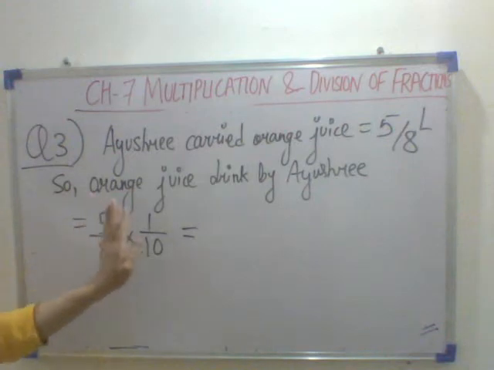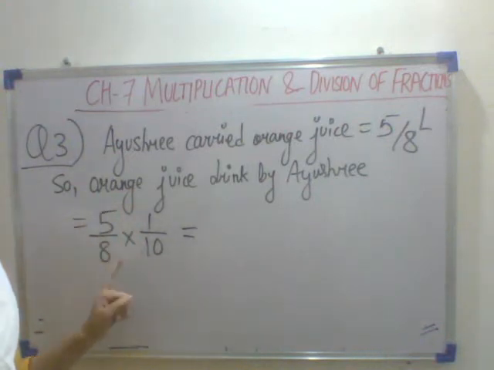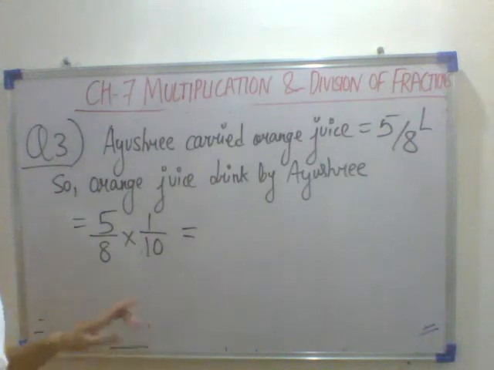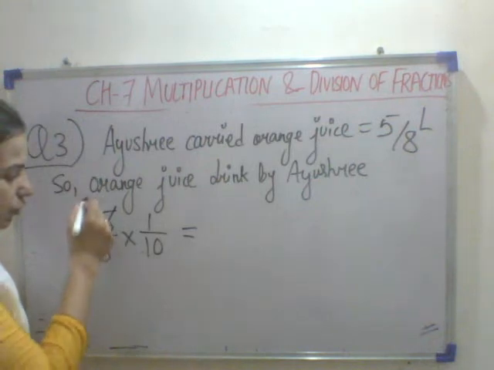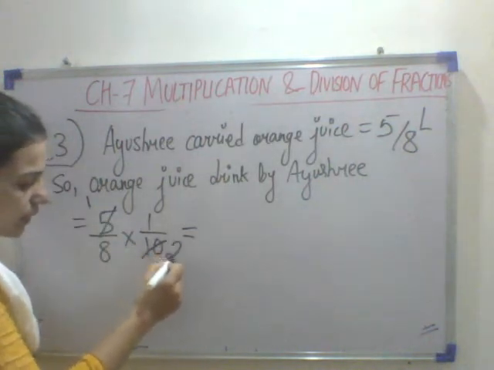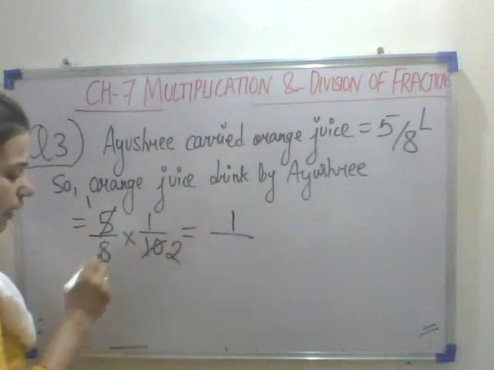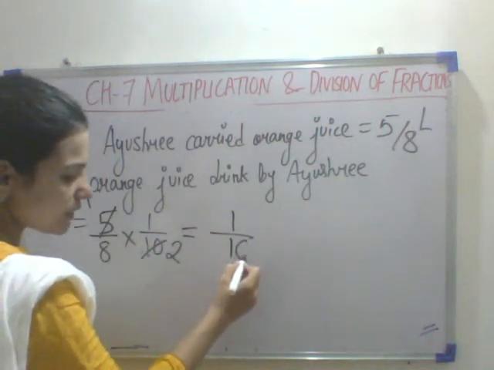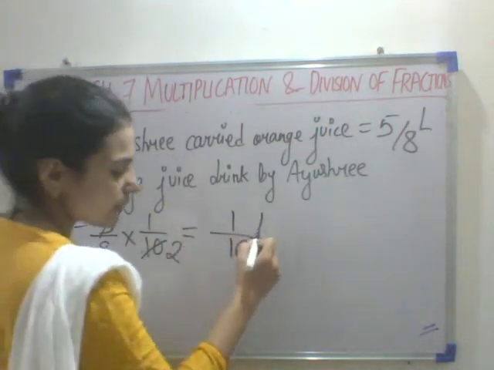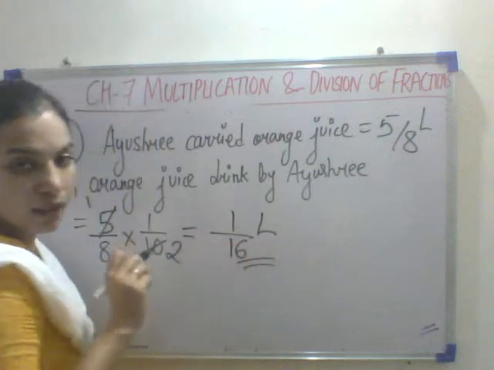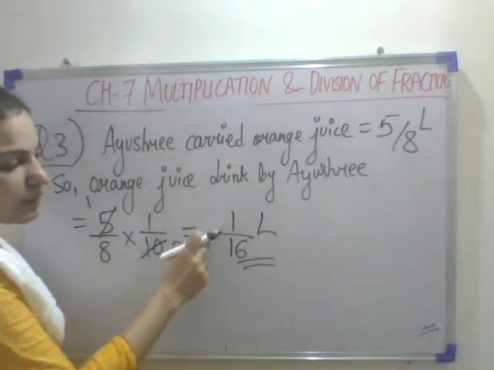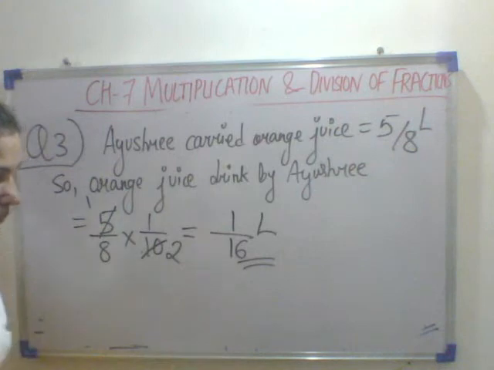Ayushri drank half of the orange juice in the school. So we will be multiplying these two. If we multiply these two, 5 gets cancelled. Here it comes 2. So 1 multiplied by 1 is 1. 8 multiplied by 2 is 16. So 1/16 liter of orange juice is being drunk by Ayushri.